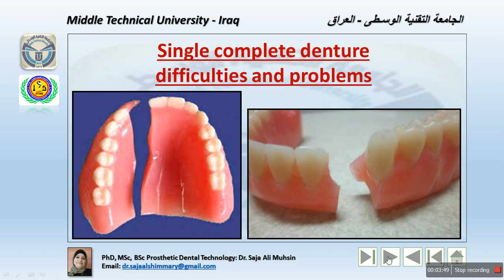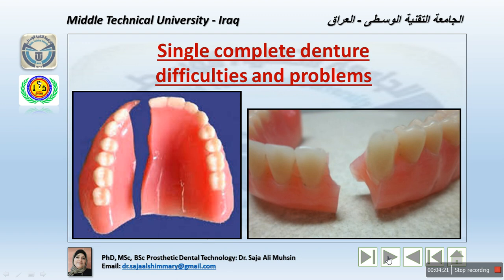We have the causes of the occlusal problems and fracture of the denture bases. Generally, the occlusal stress on the maxillary denture and the underlying edentulous tissues from the opposing natural dentition probably leads to fracture of the denture, while in the full complete upper and lower maxillary and mandibular denture, probably the load will be distributed evenly.